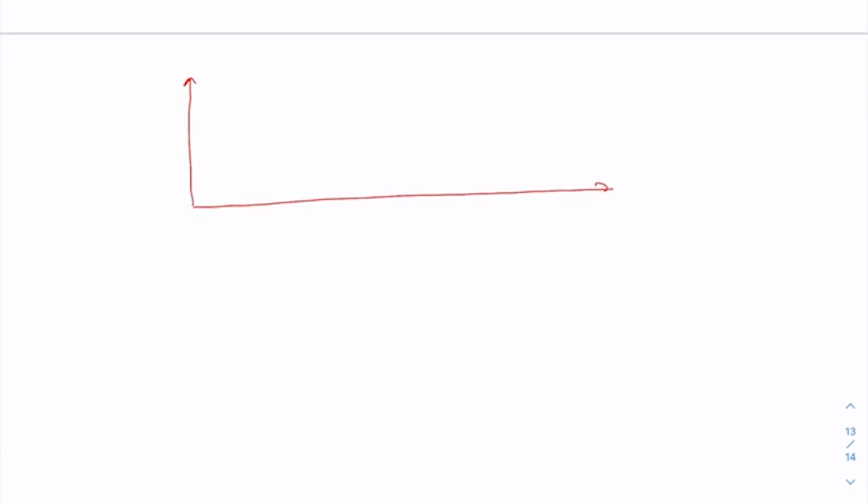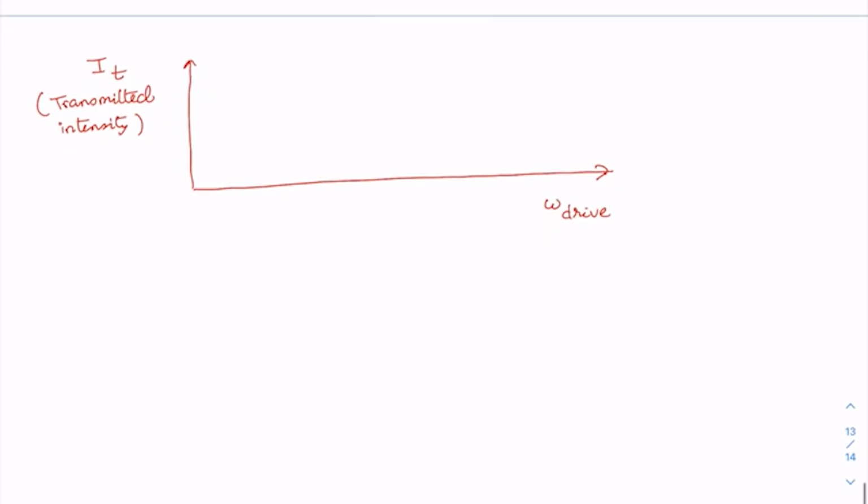So in the y-axis they plotted the transmitted intensity of the signal or the beam, and it was plotted as a function of the frequency of the weak oscillating microwave drive. Let me just again explain what I am telling you.